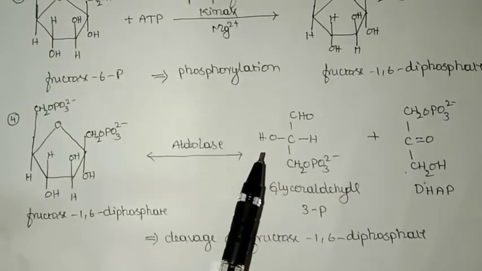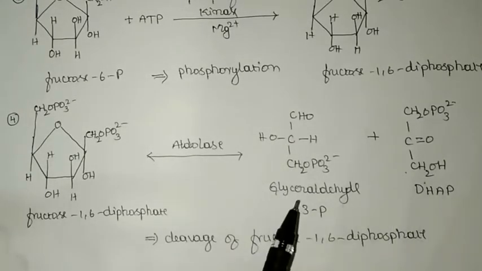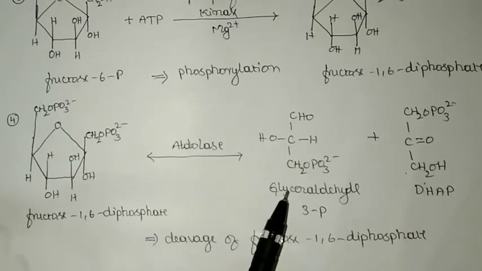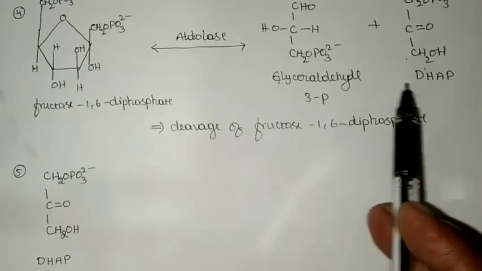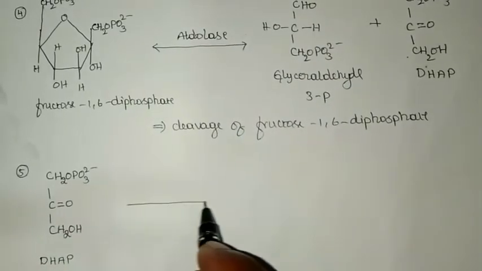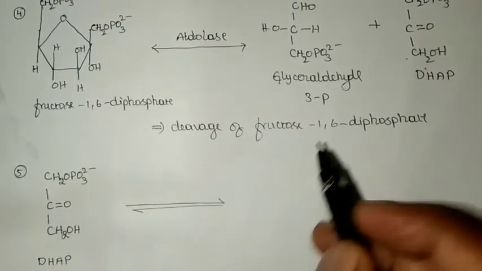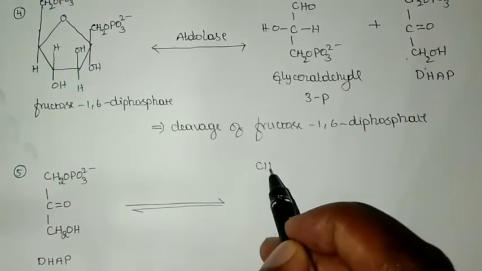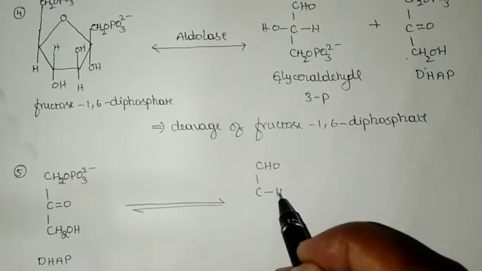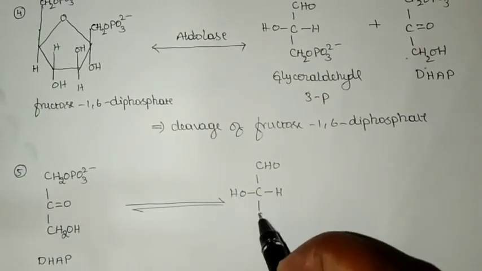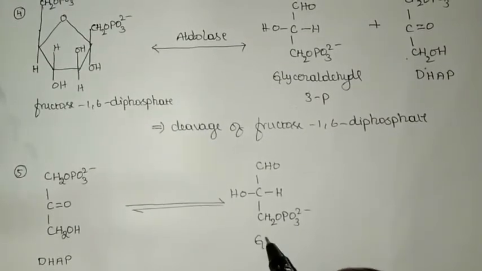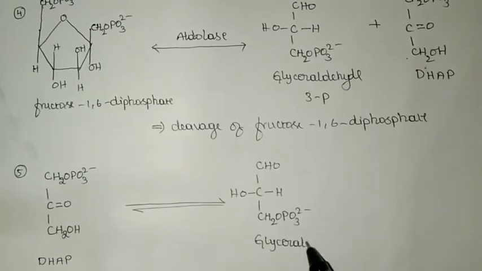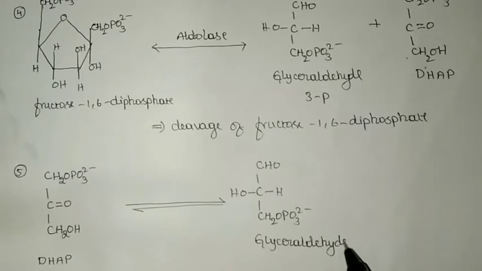Now, the dihydroxyacetone phosphate will reversibly convert back into glyceraldehyde 3 phosphate, that is CHO, CHOH and CH2OPO3 2 minus. This is glyceraldehyde 3 phosphate.